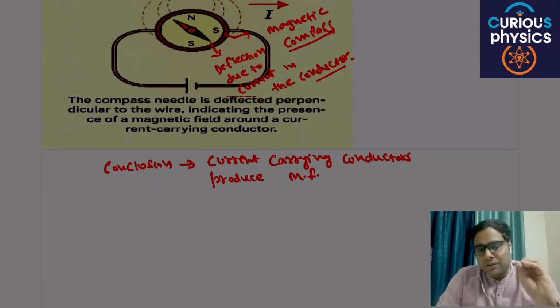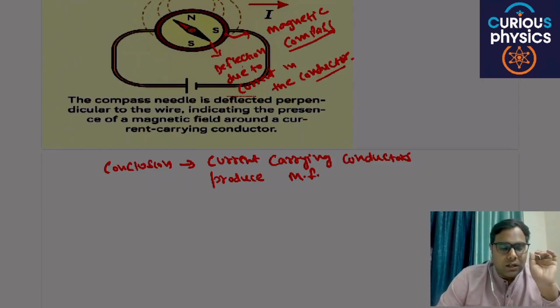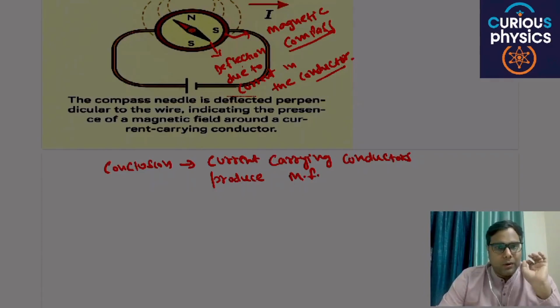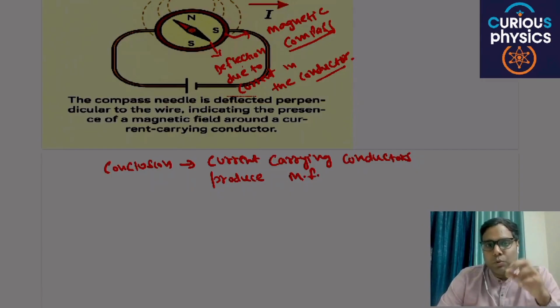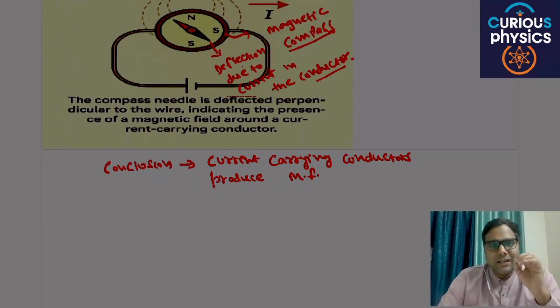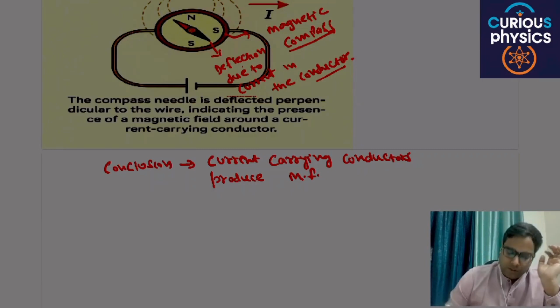We have studied the concept of electric field; in the same way there is another field, that is the magnetic field, and the magnetic field is produced by the moving charges. Are you able to understand my point? This is basically Oersted's experiment.